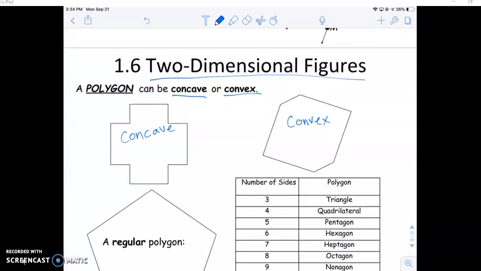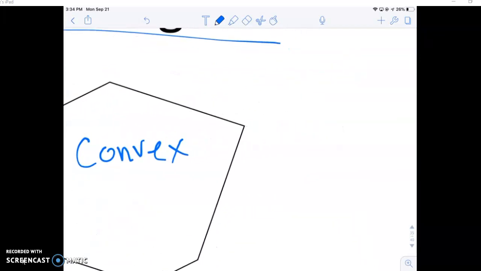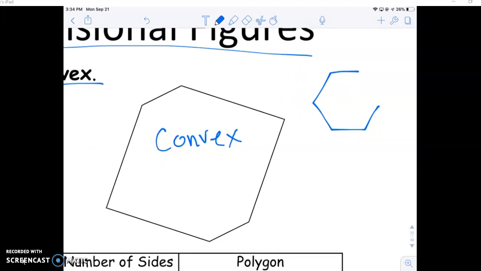Real quick, there's kind of three important keys that we look at as non-examples of polygons. If you ever get a shape that kind of looks like this, where it has an opening, that's an example of a non-polygon. Another example is if you had a shape that has rounded edges, that's not a polygon.